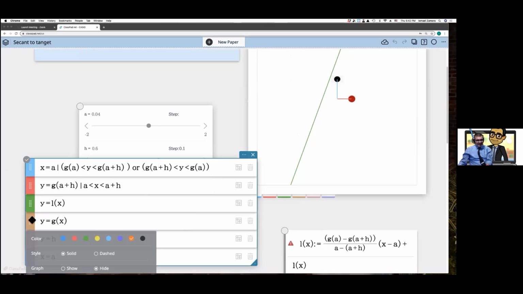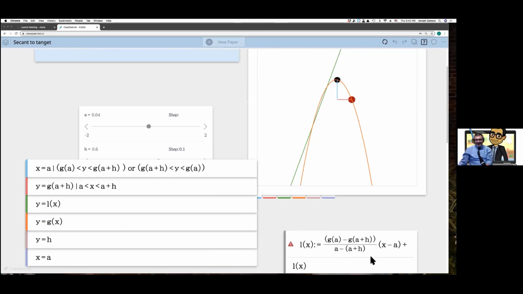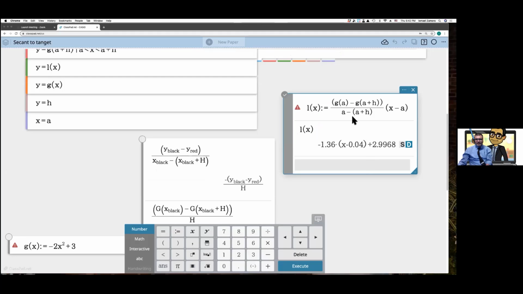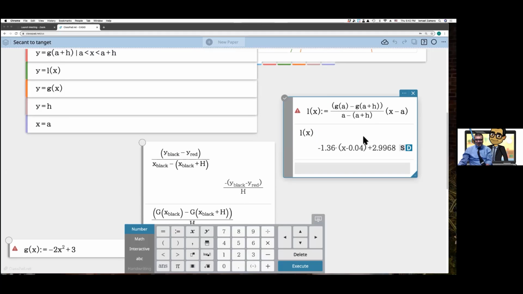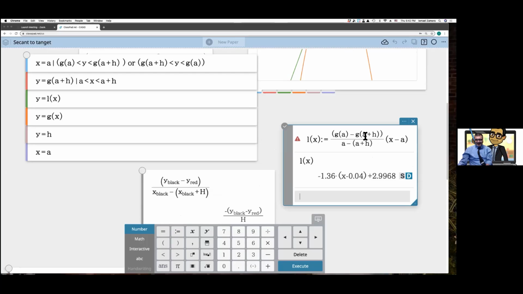The other things I did on here are I created the line that it's going through by using a function I called g. This fancy looking thing here, we just realized, hey, that's nothing more than my slope formula.